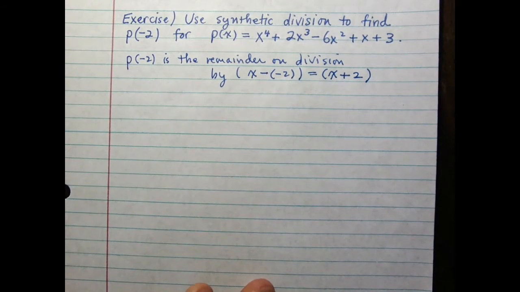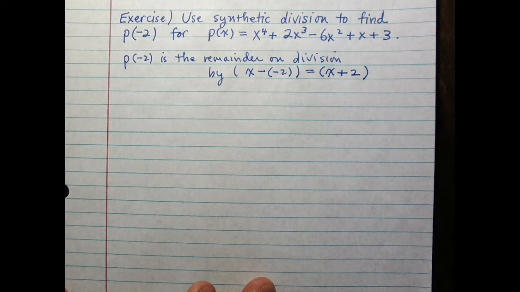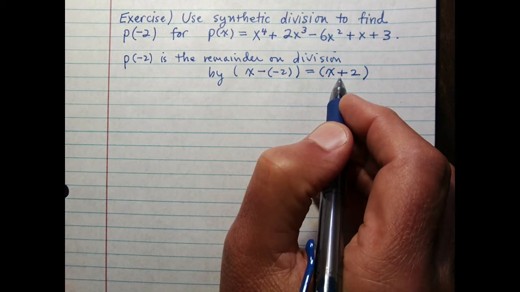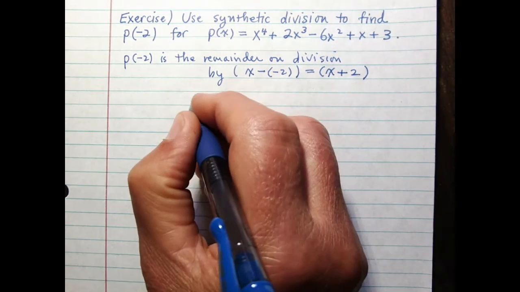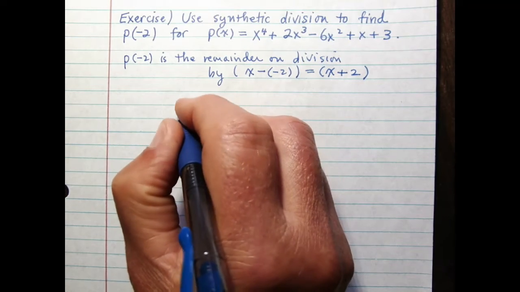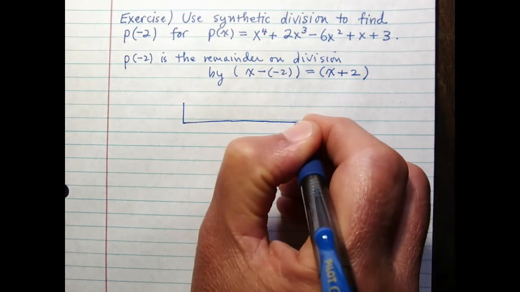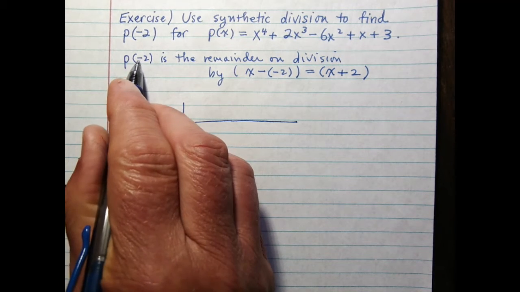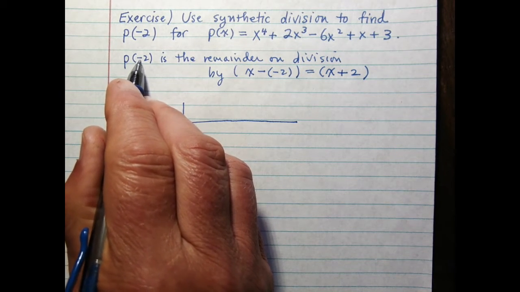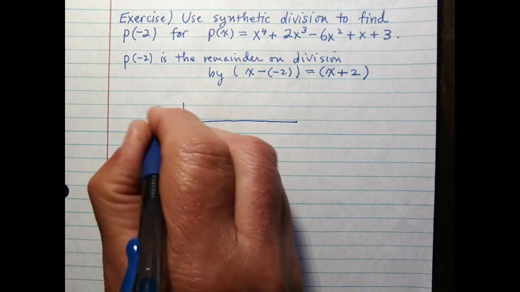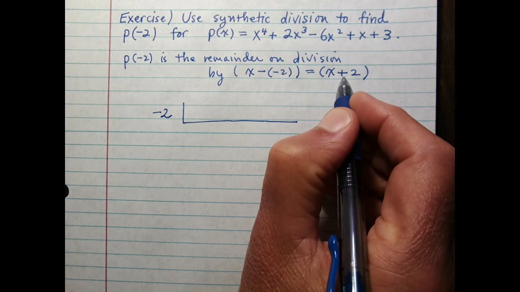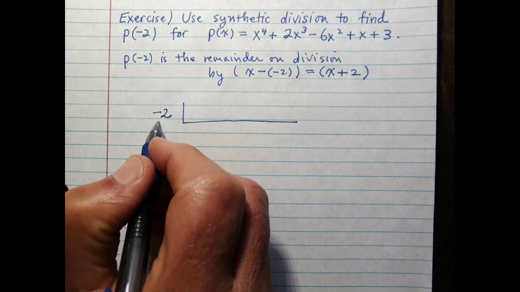So there's this strange sign change that we have to be aware of. We want p of negative 2. We're actually going to be dividing by x plus 2. And yet when we set up our synthetic division, the number that I write in front is going to have the same sign as the number inside the function notation, which is negative 2. So if I'm dividing by x plus 2, I have to write a negative 2 here.